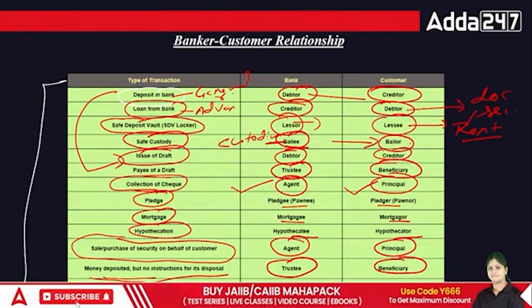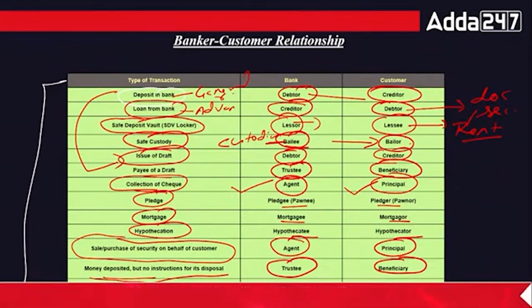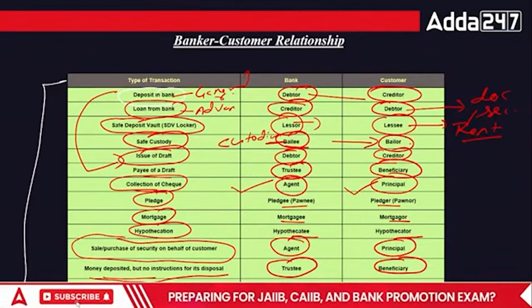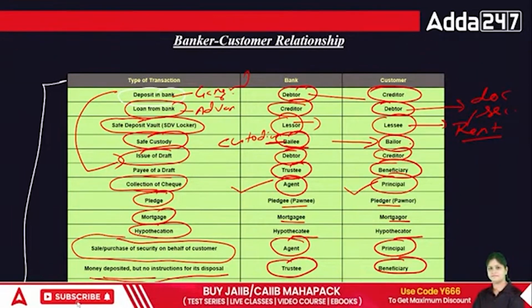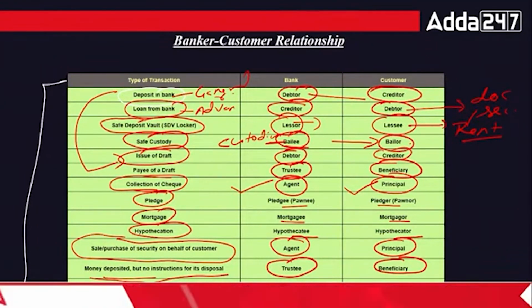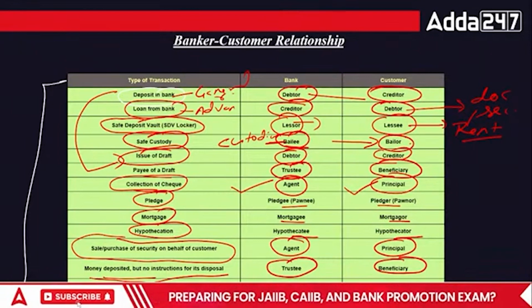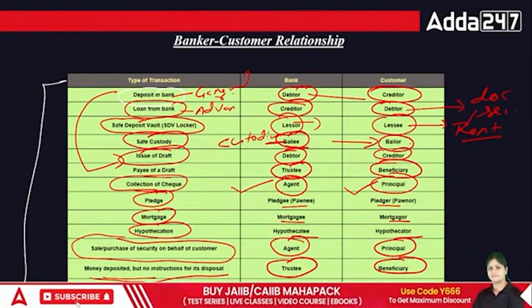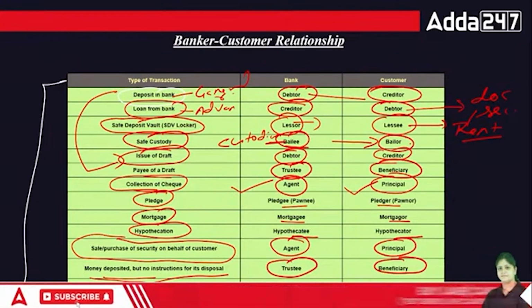Now, who is the customer actually? The customer is not defined by any law, but the customer is the one who has an account in the bank. According to that, there are so many relationships between the bank and the customer.